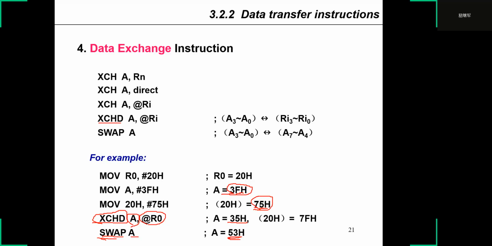Any of them, many microcontrollers, just like the STC microcontroller, 80 line.